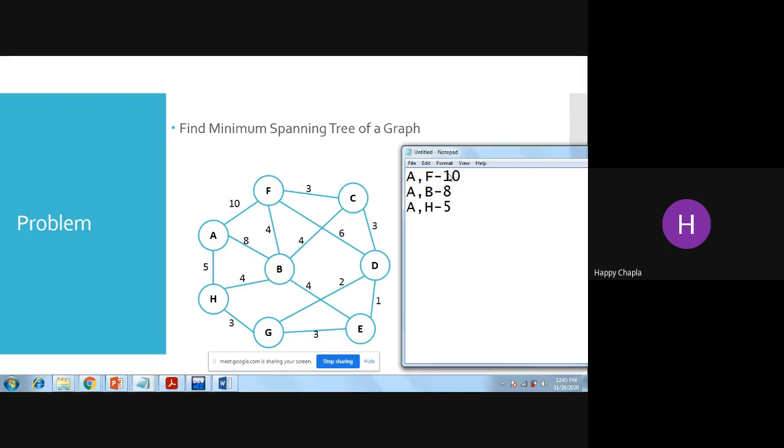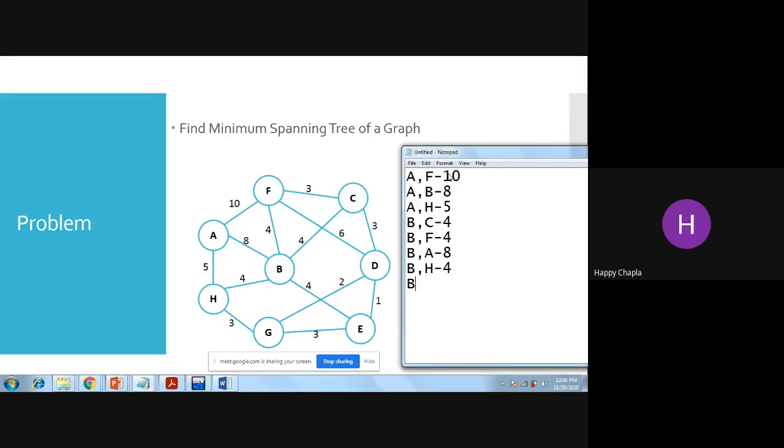Now starting from B. If we are trying to move from B to C, it will cost me 4. B to F, 4. B to A, 8. And B to H, 4.